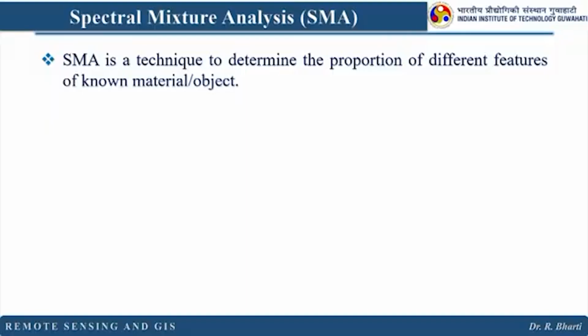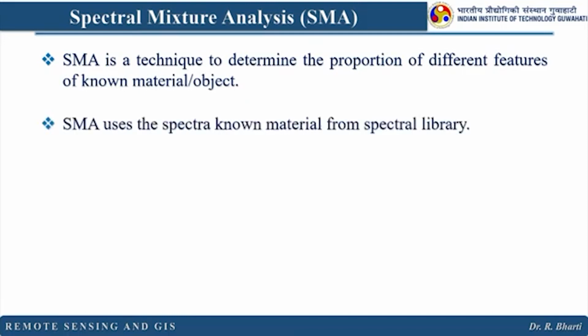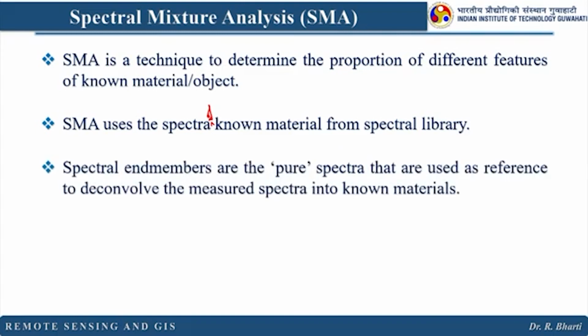This is spectral mixture analysis, also known as SMA. SMA is a technique to determine the proportion of different features of known materials or objects, right. So, here it should be spectra of known materials from the spectral library.